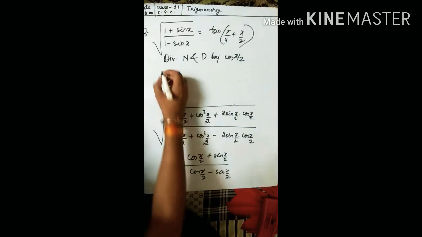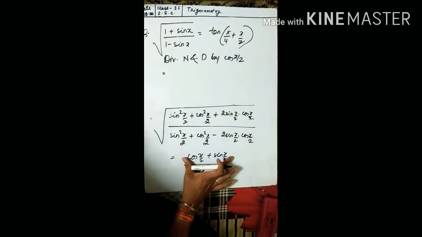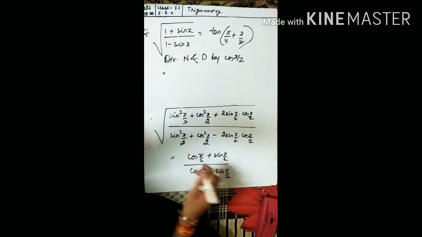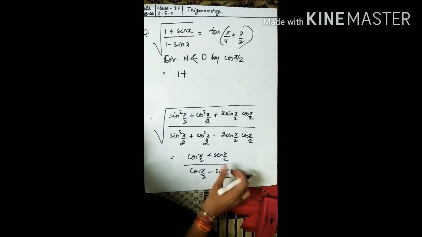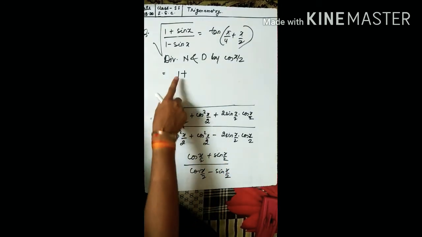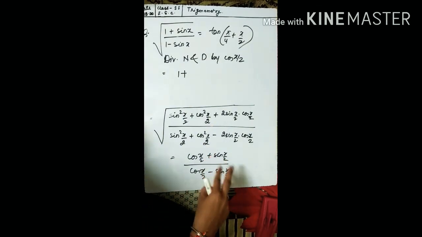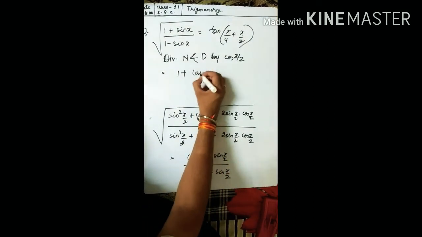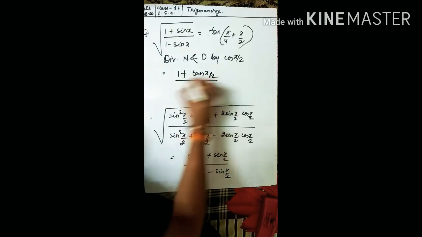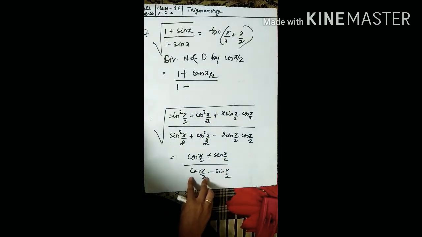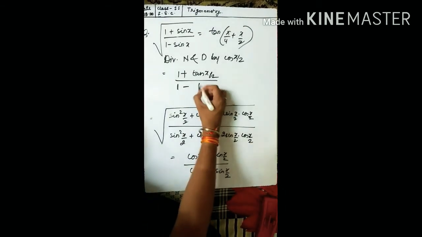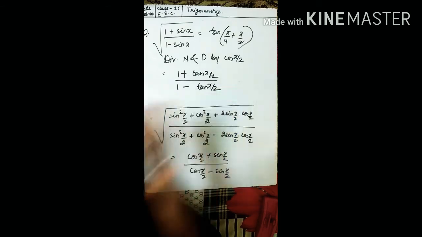So on dividing the numerator by cos x by 2, this will be 1 plus sin x by 2 upon cos x by 2. See, cos x by 2 upon cos x by 2 will be 1, plus sin x by 2 upon cos x by 2 will give you tan x by 2. Upon 1 minus, see, this will also be 1 because cos x by 2 upon cos x by 2 is 1, minus, and this will give you tan x by 2.